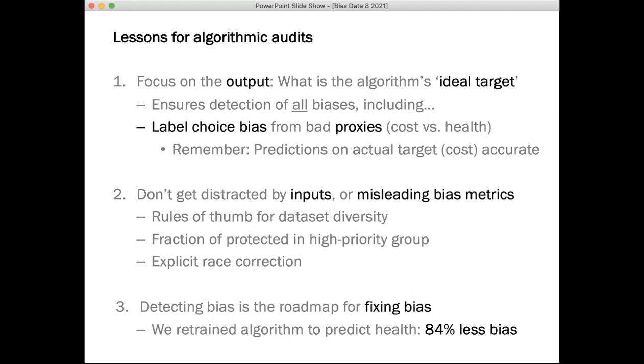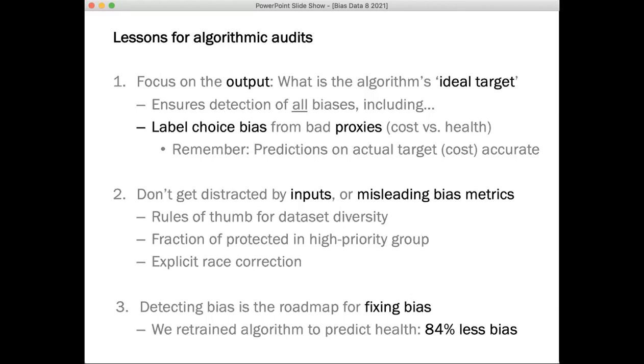And that dramatically reduced the amount of bias in the resulting algorithm by 84%. So we're able to fix the bias once we understand where the bias is coming from and how to retrain the algorithm on predicting things that are much more closely aligned to what the algorithm is supposed to be doing to begin with. Let me pause there and just take a quick look at the question.